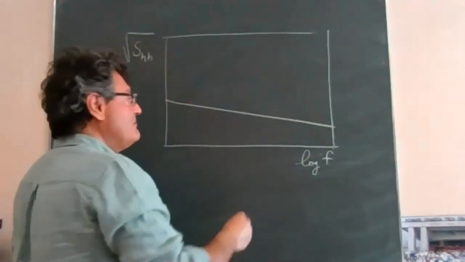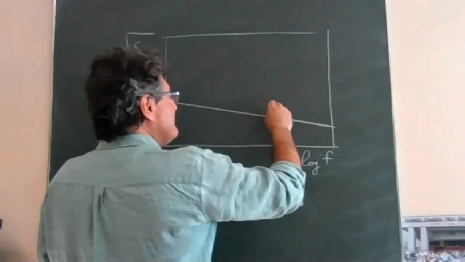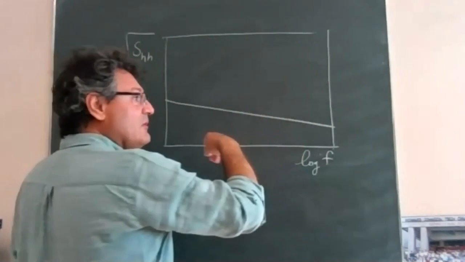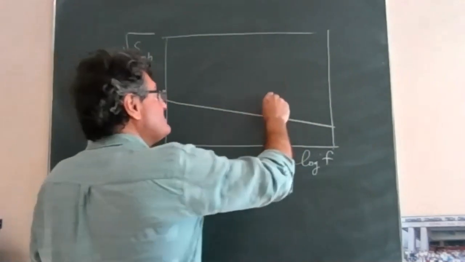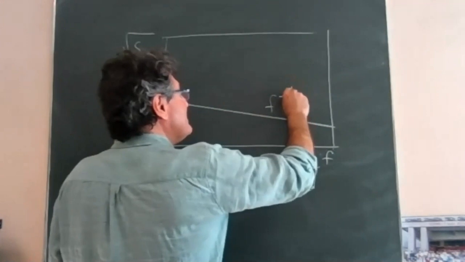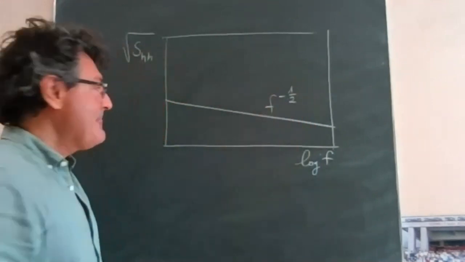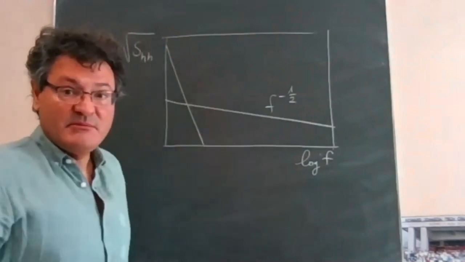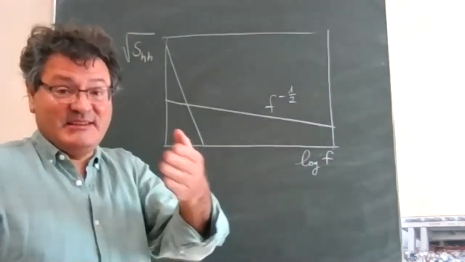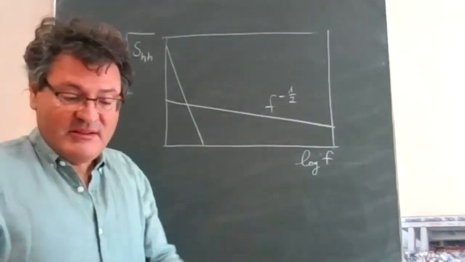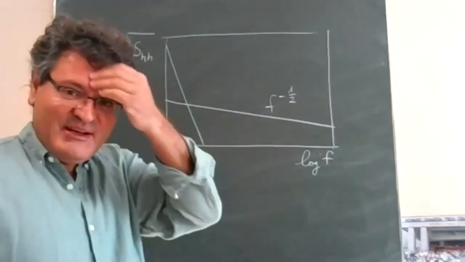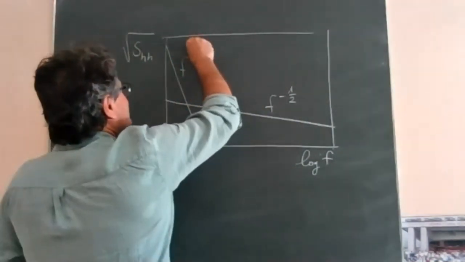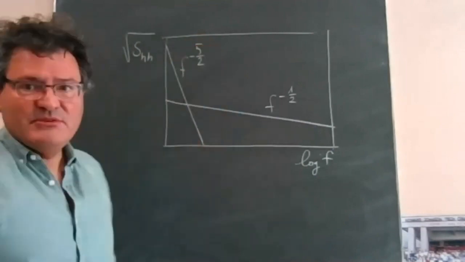In this log-log plot, it is a straight line with a slope of one half, so this is f to the minus 1/2. Then there is the other thermal noise, the suspension thermal noise. This is not the case in real life, but in general, when you do not have a too complicated system, the function is f to the minus 5/2.